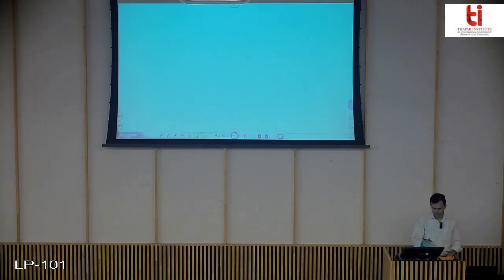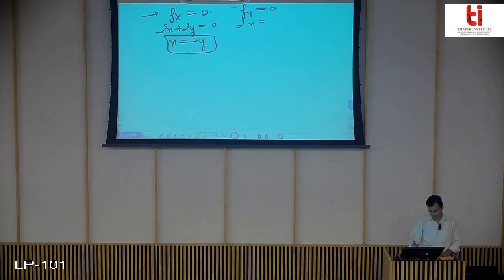So let us see, if you put the partial derivative with respect to x equal to 0, you get x equals minus y, and when you put the partial derivative with respect to y equal to 0, you get x equals 0. So this implies y equals 0 using the first equation.